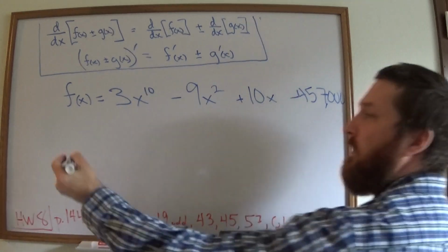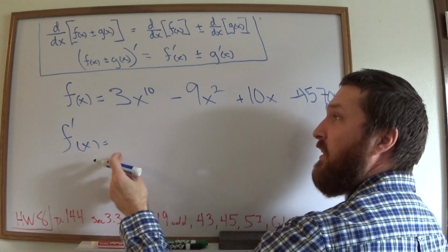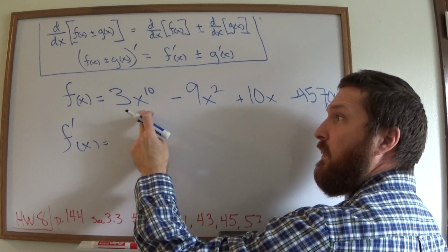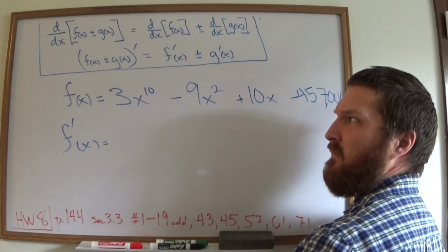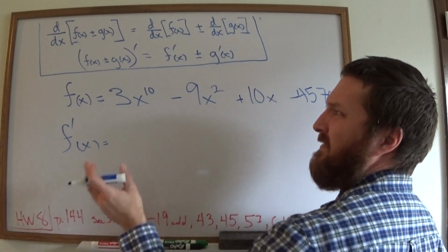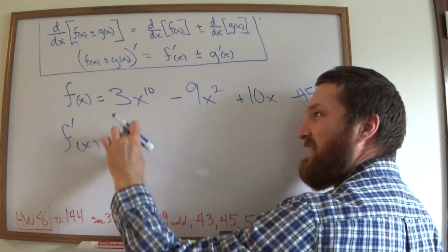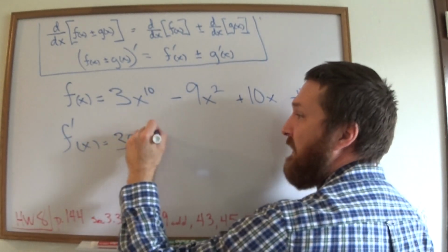Okay. Now, f prime of x is equal to 27x... wait, 30x to the 9. Why 30? Because the 10 drops down. 10 drops down, 30x to the 9. 3 times 10 is 30.